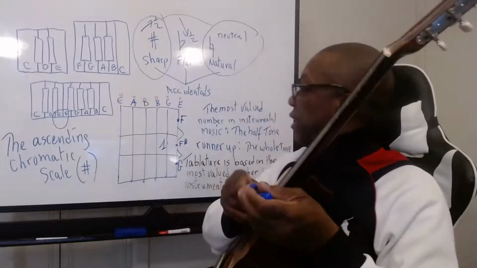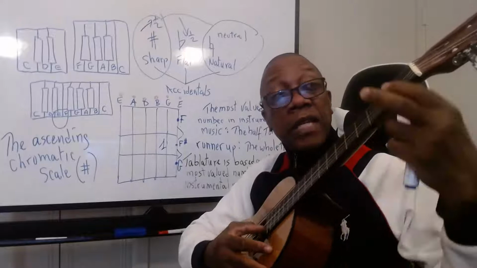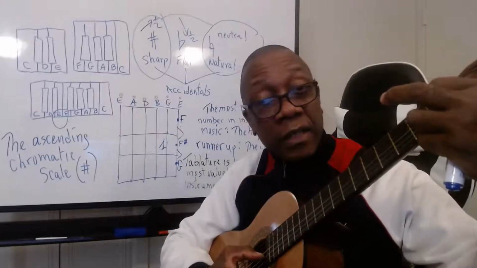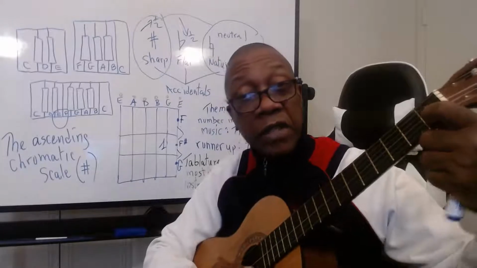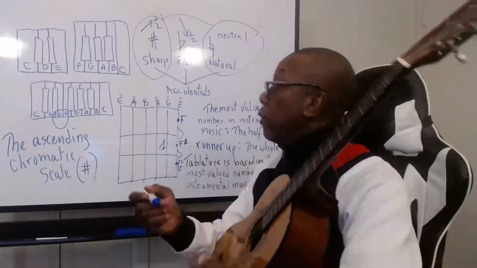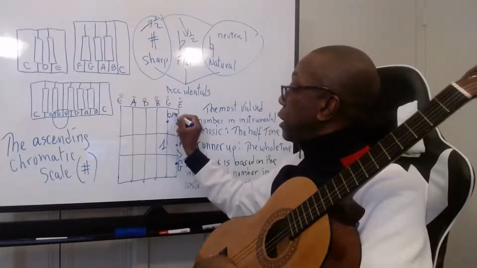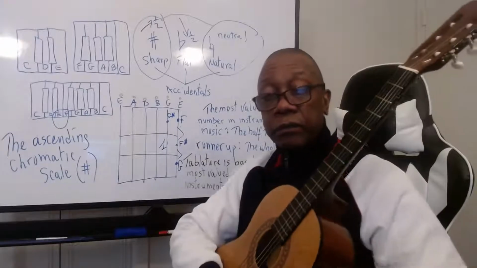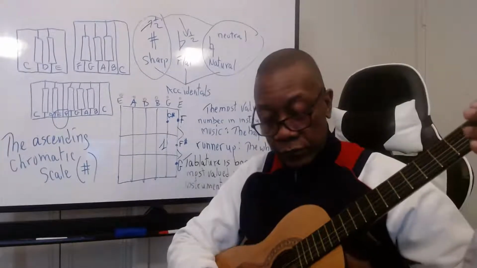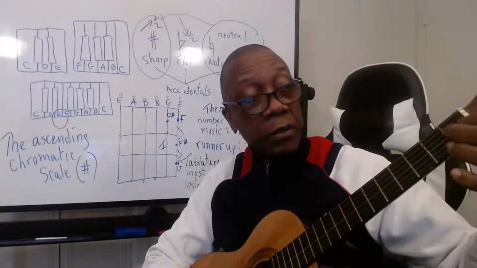Therefore, when I have open G, if I press the first fret, I have G sharp. So after open G, I have G sharp. And then after G sharp, what do I get?